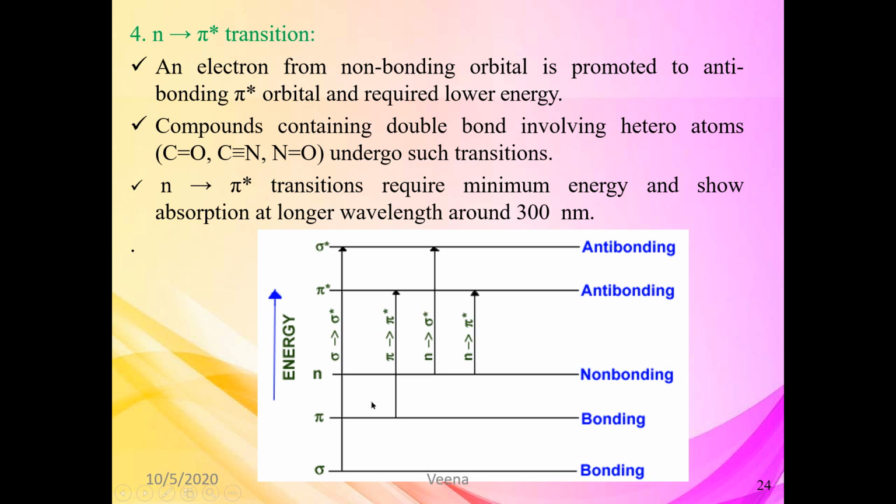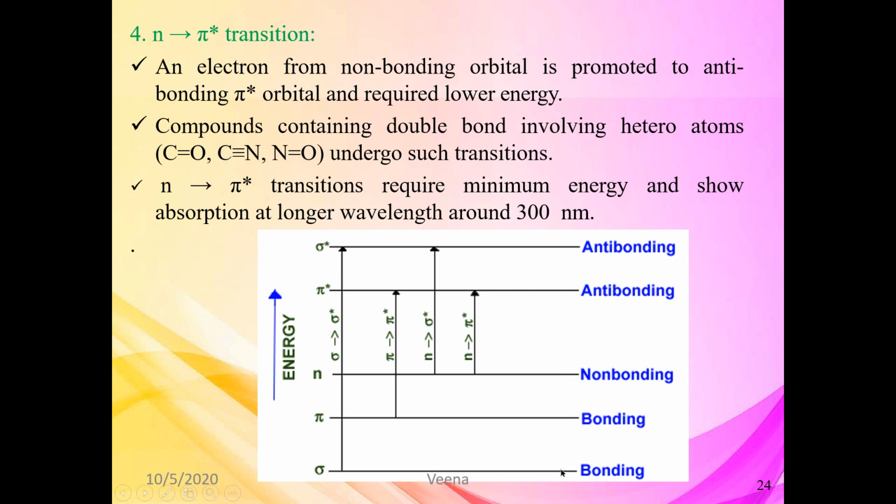So the electrons present in a sigma bond are called sigma electrons, the electrons present in a pi bond are called pi electrons, and the ones which are not involved in bonding, like those present on oxygen or nitrogen, are called non-bonding electrons.